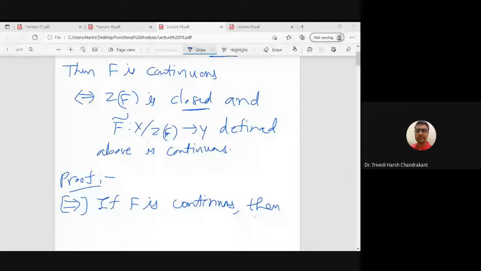We know that the inverse image of an open set is open if f is continuous. That is the definition of a continuous function. But what about the inverse image of a closed set? Whether it is closed or not.